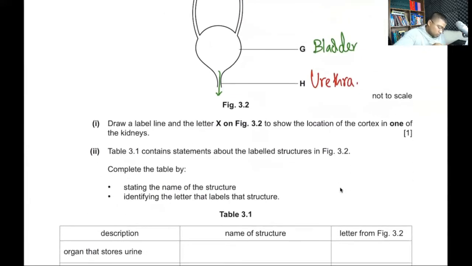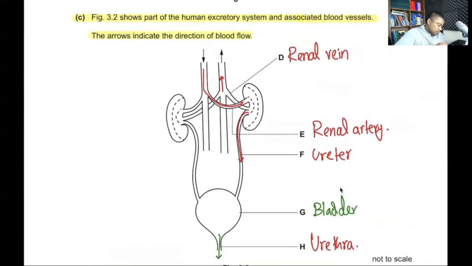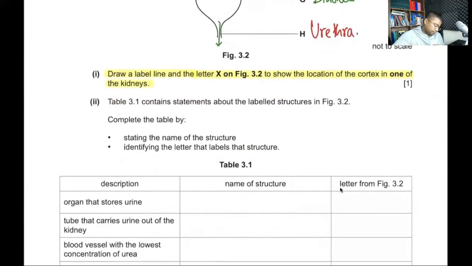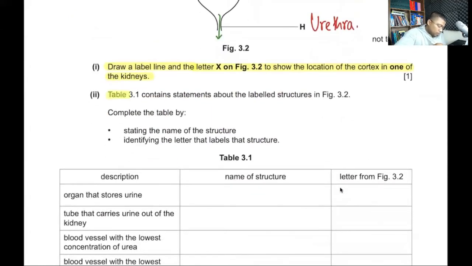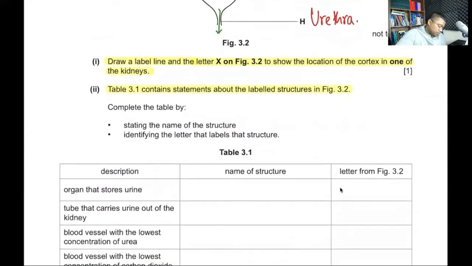Now the question says draw a label line and the letter X on figure 3.2 to show the location of the cortex in one of the kidneys. So the cortex is actually the outer region. So label line and X drawn. Table 3.1 contains statements about the labeled structures in figure 3.2.